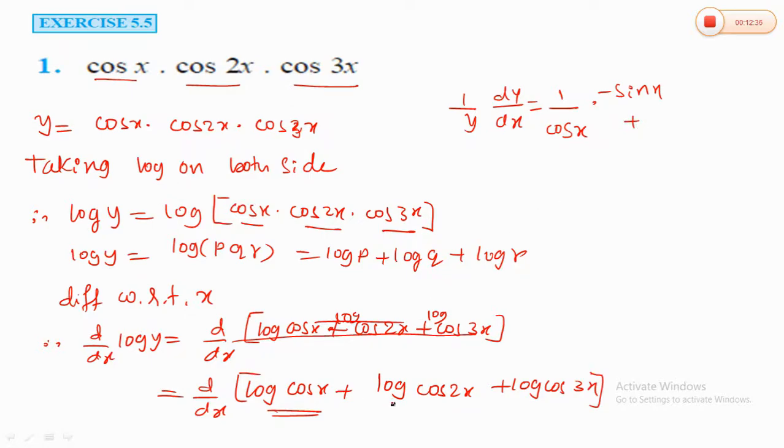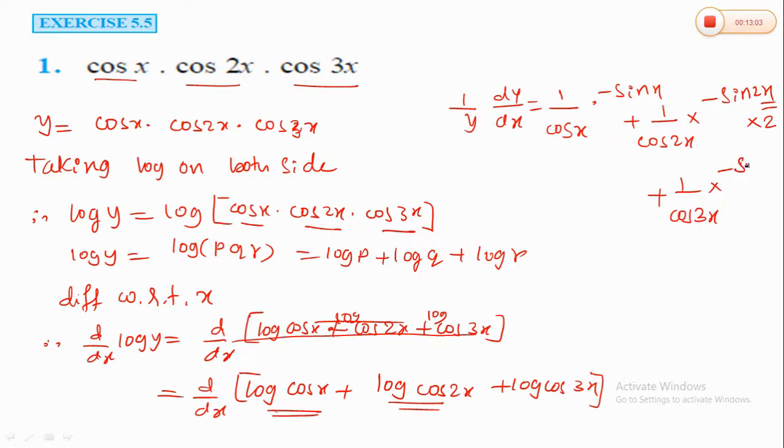Similarly, this is also the derivative of a composite function. So that is 1 by cos 2x, the derivative of cos is minus sin 2x. Again observe here, 2x is there, therefore the derivative of 2x is 2, plus the derivative of log cos 3x is 1 by cos 3x into minus sin 3x into 3.